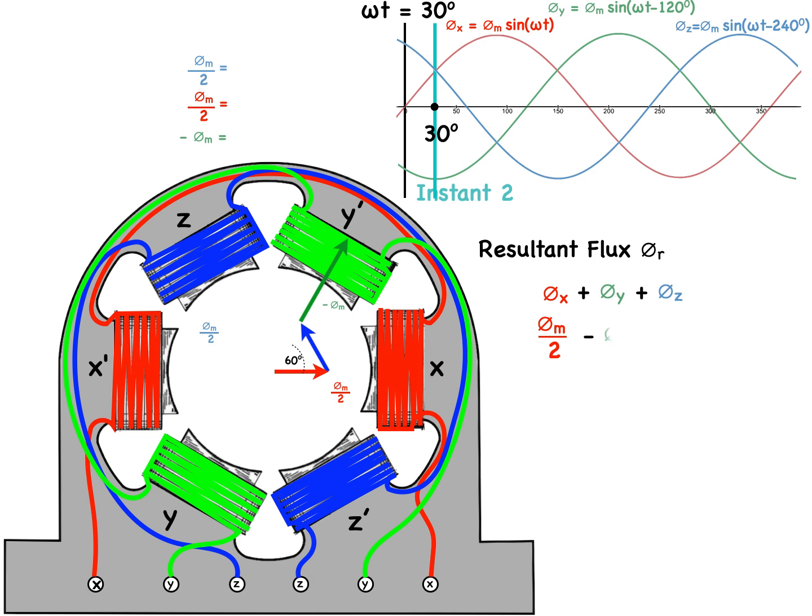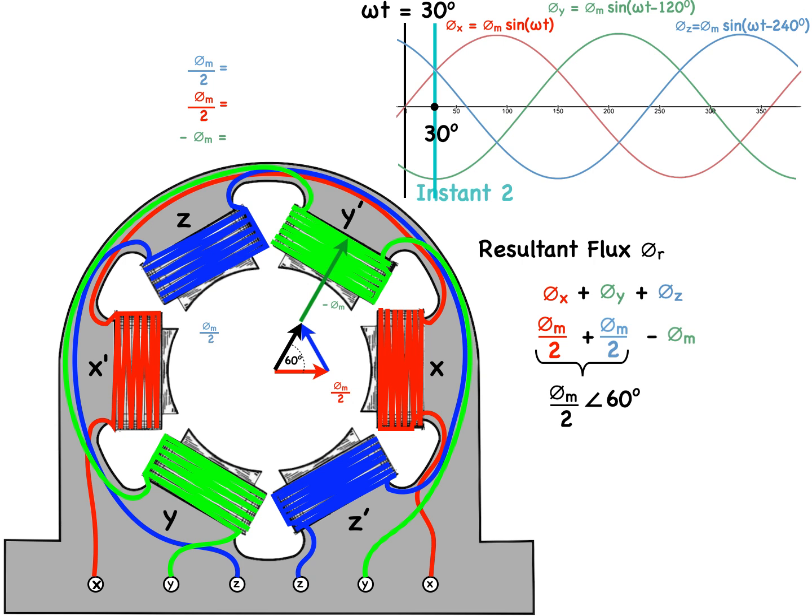Phi m all over 2 minus phi m plus phi m all over 2. I'm going to move the last two vectors around just for ease in doing the analysis. These two phasors, the red and the blue, added together will give us phi m all over 2 at 60 degrees.